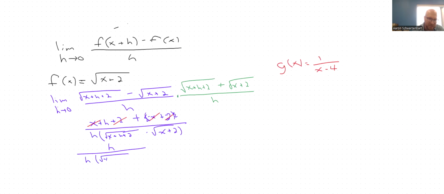It's plus square root of x plus h plus 2. Clean this up a little bit.